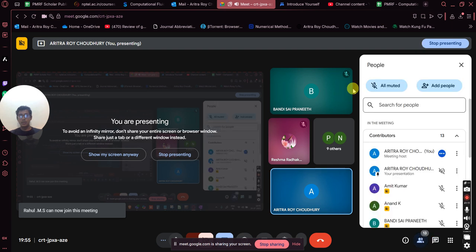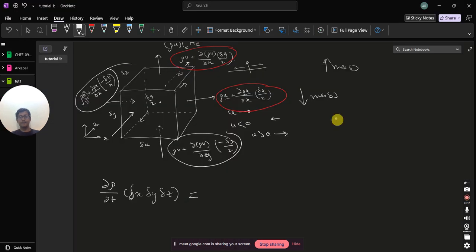Now let's account for the x direction first. This part is coming in, right? So this will contribute towards increase in the mass, so this will have a positive sign. So rho u minus del rho u by del x times delta x by 2.